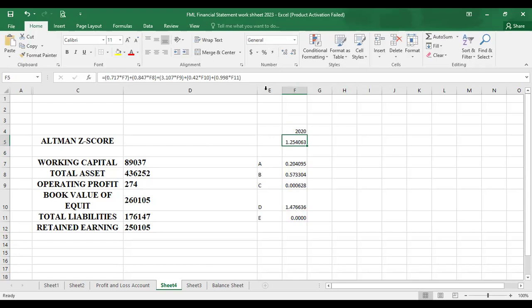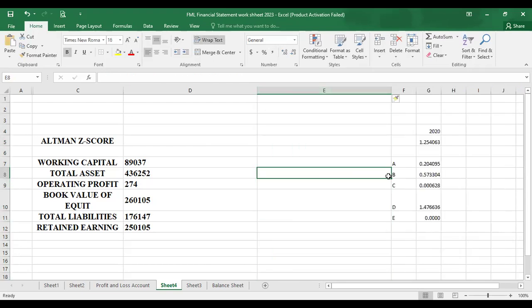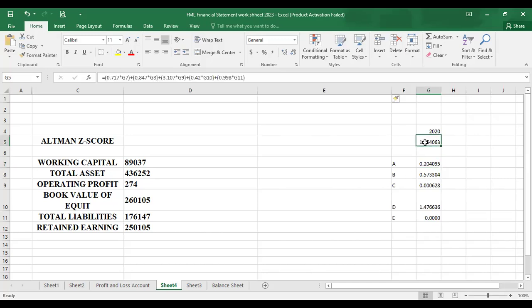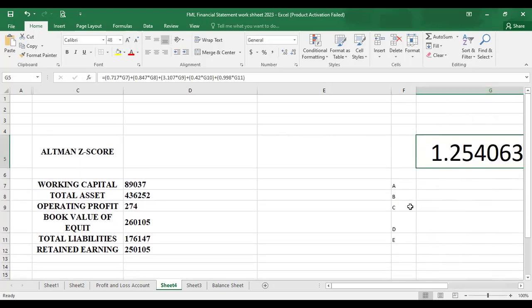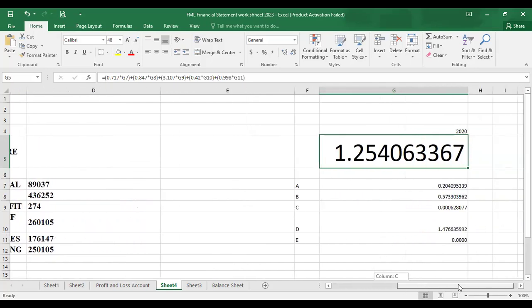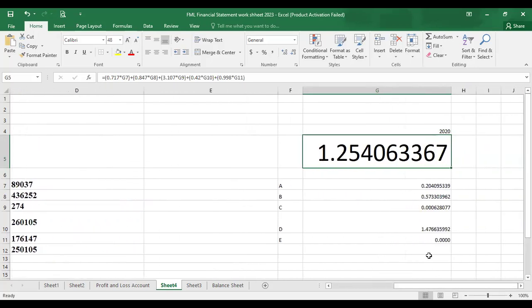So what would you say based on this? It's not really performing. This is a Z-score. So based on the cutoff point, we said if the Z-score is 1.8 or below, then the entity is likely to what?